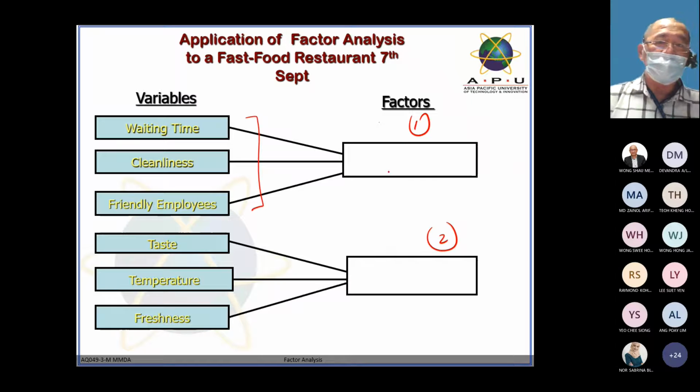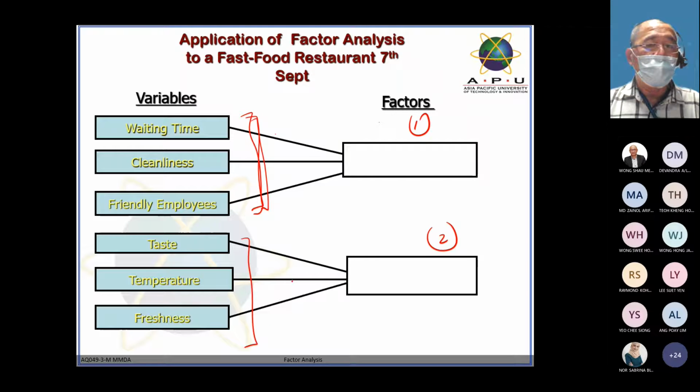Then we need to find the names. Based on these three variables, we know they are in the same group, the same factor. Please give a name to represent these three variables. Here there are also three variables, and we want to group them and find a general name that can be used to represent these three variables.